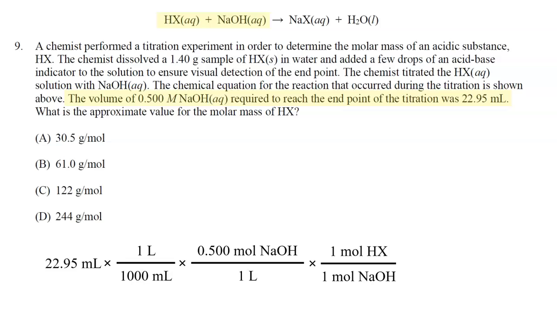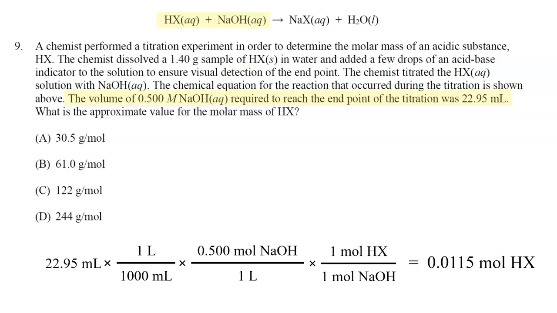So I'll pick up my calculator and do 22.95 divided by 1,000 times 0.5, and on my calculator I get 0.0115 moles of the acidic substance HX.